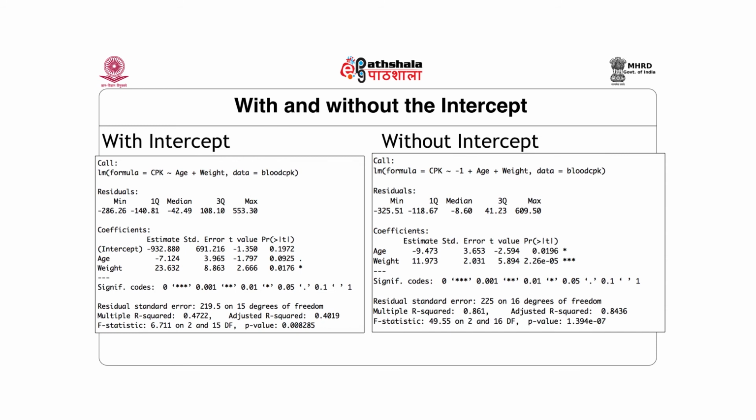The weight parameter estimate has come down almost by 50%, from 23.6 to 11.9, and this again is statistically significant. So both of them, after adjusting for the other, have become statistically significant here. You also see that the adjusted R-square has gone up a lot, which means that the model can now explain nearly 84% of the variability.